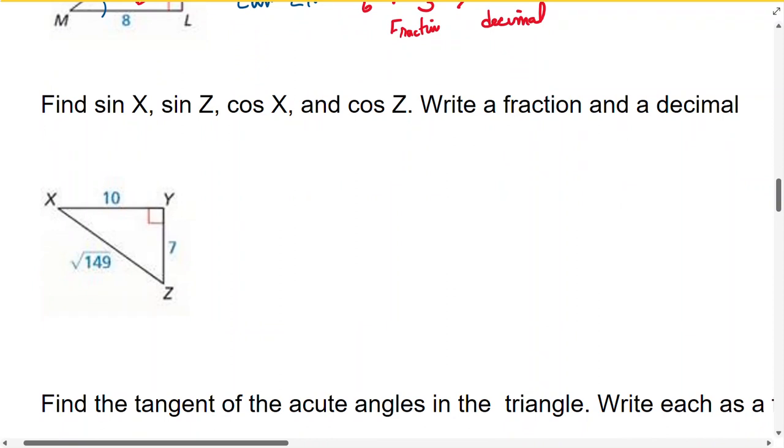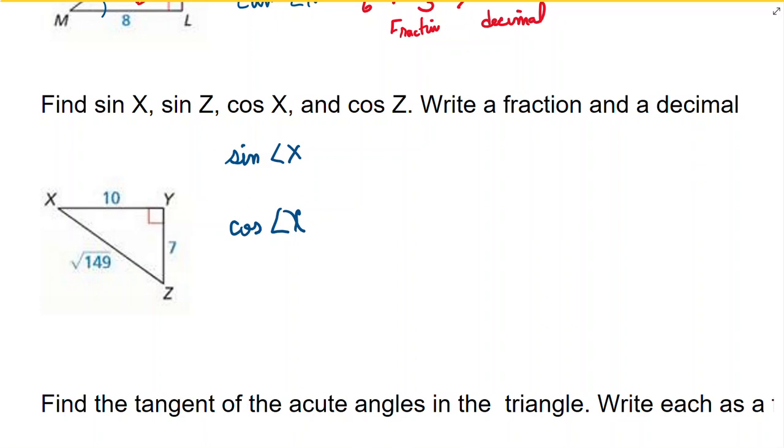So now we're in the swing of things, and now we can start working on other aspects of learning the trig scenarios. So what we want here is the sine of angle X and the cosine of angle X, as well as the sine and cosine of angle Z, so we can study the relationships of them.